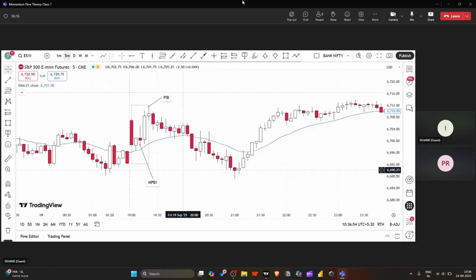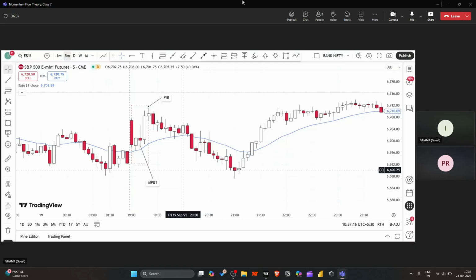Now, how would you compare the symmetry then? You would compare the first strong trend bar and then MPBs and then again the breakout. Here also you have to compare. This is the breakout one. Then we got a micro pullback one. Then breakout two. Then we got a pullback initiation bar.